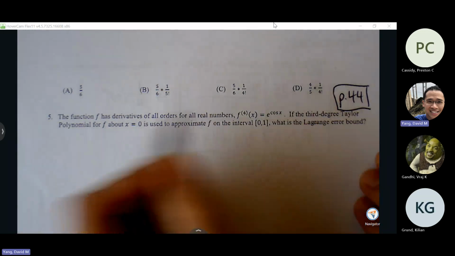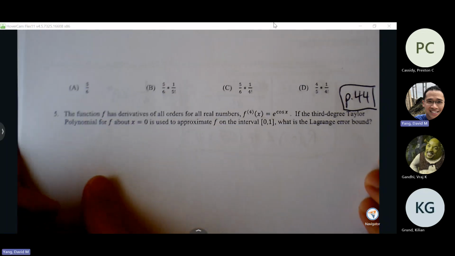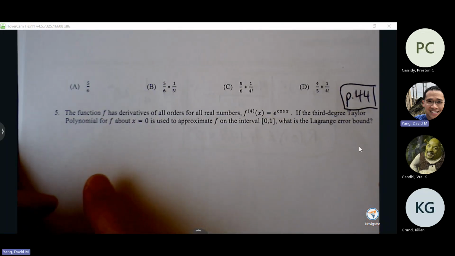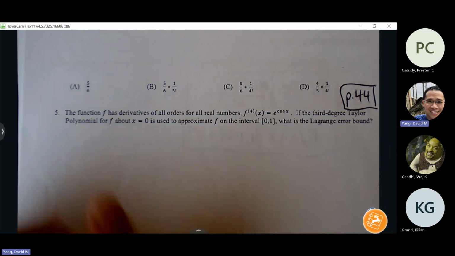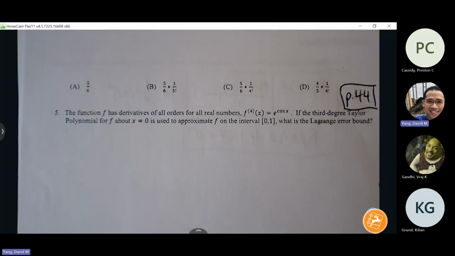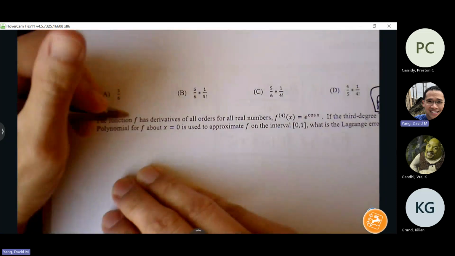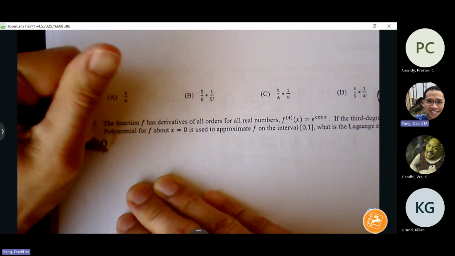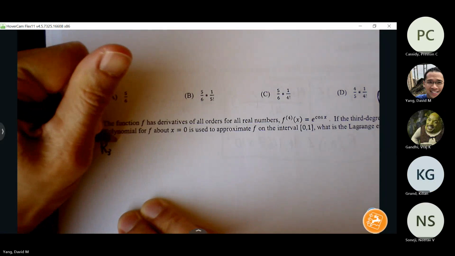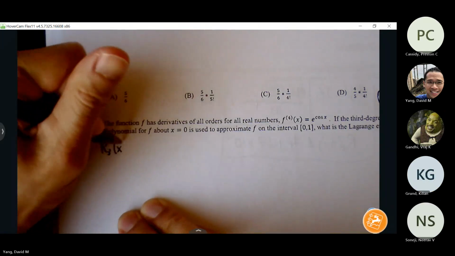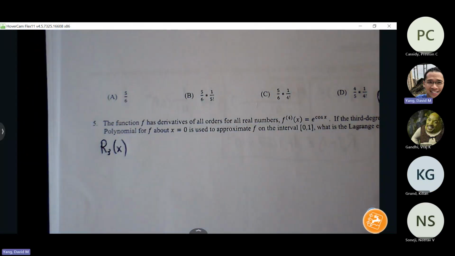So we're trying to find the third degree remainder for this Taylor polynomial. Let me write out the full formula and then we can fill in all the variables.